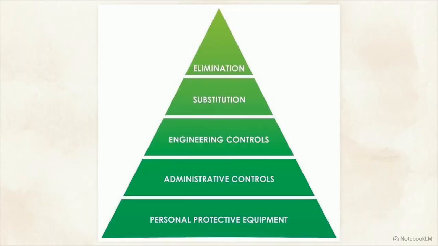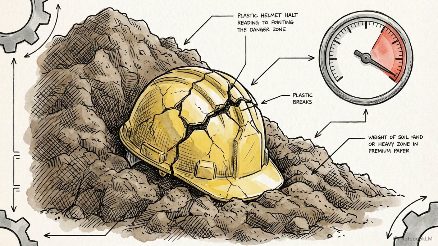This chart displays the hierarchy of controls, the methodology used to reduce that raw risk. The bottom tiers, administrative controls like warning signs and personal protective equipment, represent the weakest lines of defense. A plastic hard hat cannot protect a worker from thousands of pounds of collapsing soil. Relying solely on PPE leaves the raw risk high.